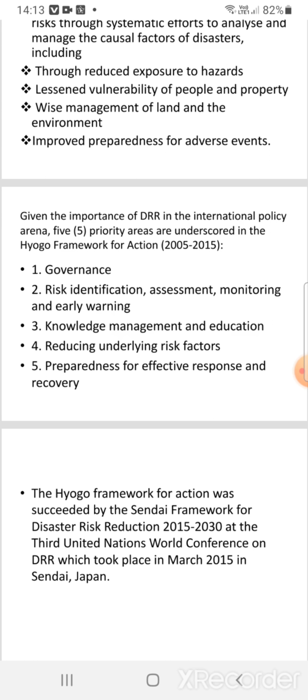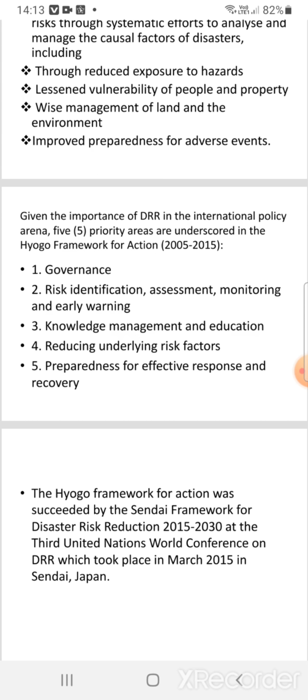That is, when the importance of DRR, disaster risk reduction, was recognized, it was brought forward as an international policy from 2005 to 2015 in a framework of action known as the Hyogo Framework for Action, where a conference was conducted and five priority areas were underscored, or given importance.